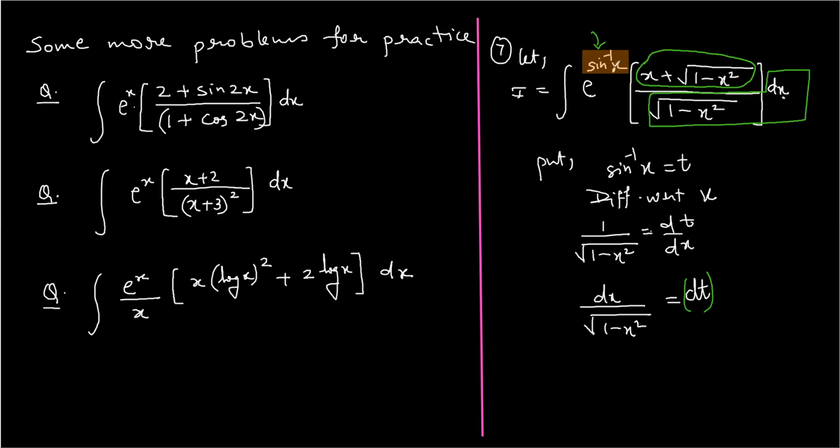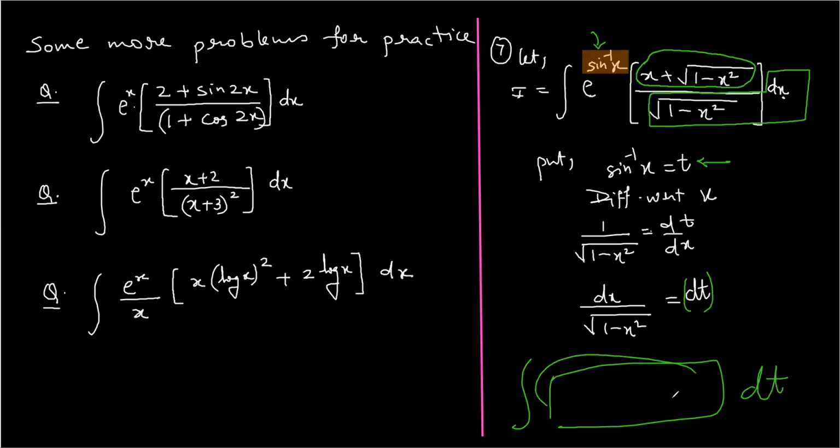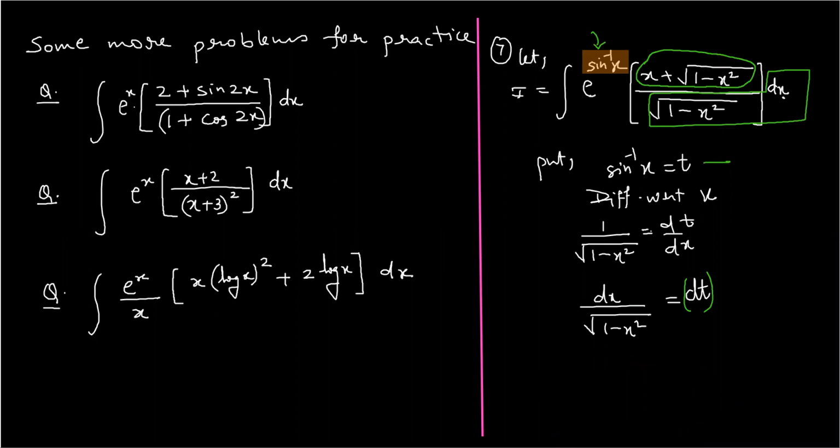Remember, once you substitute sine inverse x as t, the new integral which you will write will have dt, and hence everything here should be in t. And that new integral you write based on the old integral.